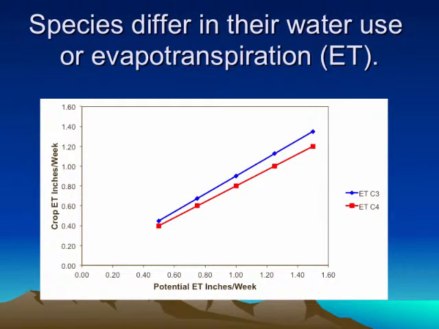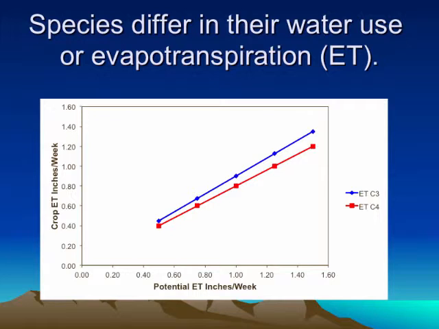Okay, water use efficiency. We call it evapotranspiration. It's just the combination of the words for evaporation and transpiration. So the cool season grass, the C3 grasses, they require more water than the tropical C4 grasses.